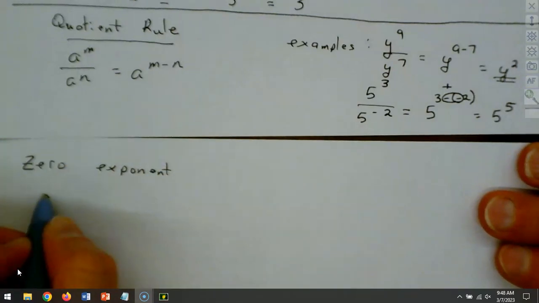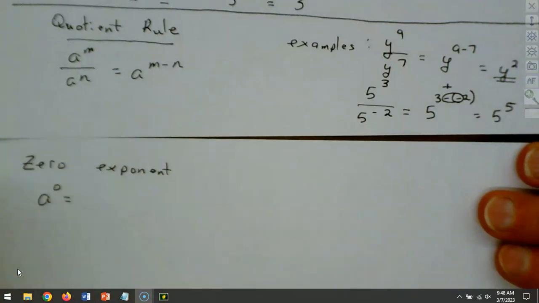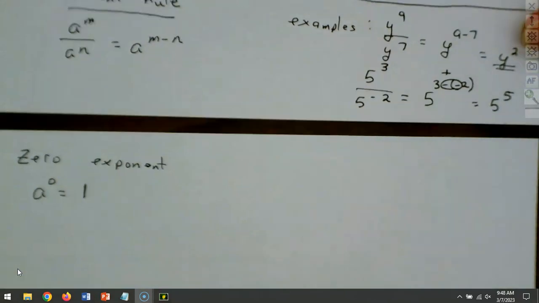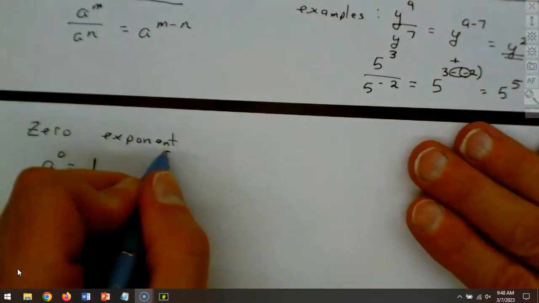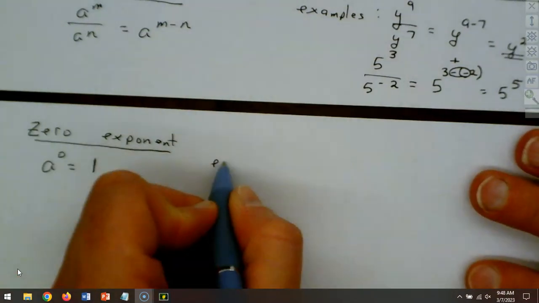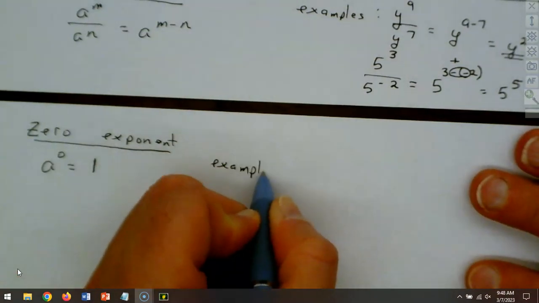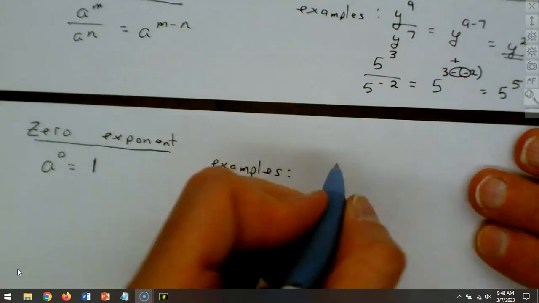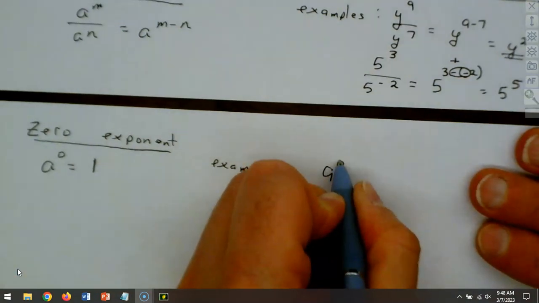Zero exponent rule says this: any number or variable raised to the 0 power is 1. Not 0, it is 1. So it doesn't matter what it is. Here's some examples. 9 to the 0 power.